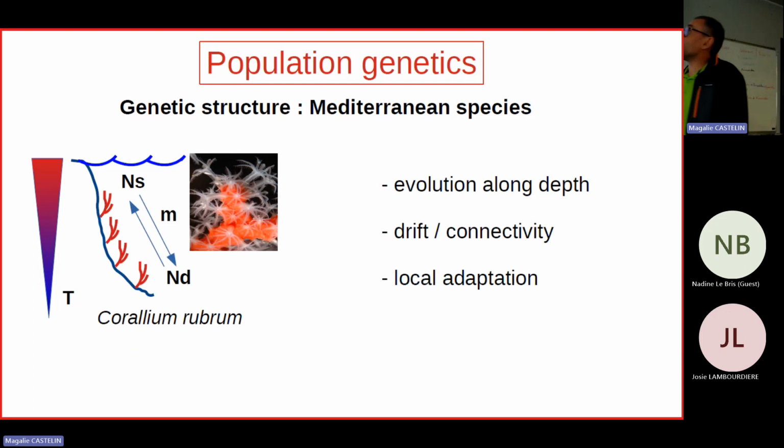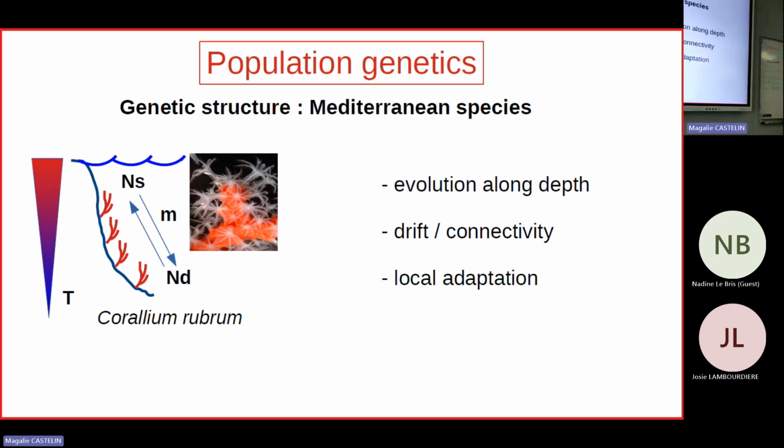Second example of analysis of population genetics is genetic structure on Mediterranean species. And I will talk in this part about the evolution among depth. For example, if you have the same species, again my red coral Corallium rubrum, which is present at different depths, we can try to analyze the population size at different depths and also the exchanges among depths.